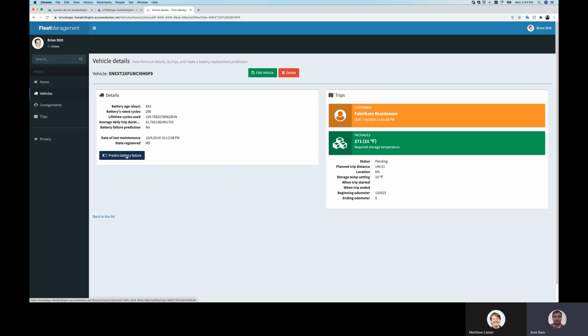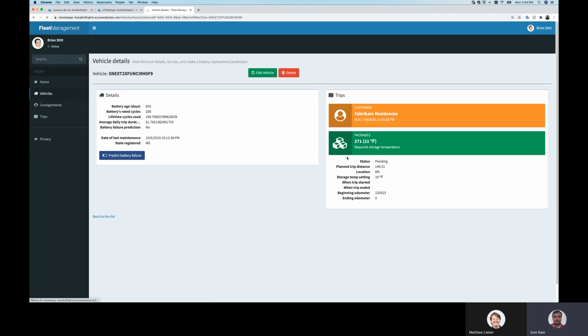You can also see things such as predict battery failure, wherein I can perform a real-time prediction of whether my battery would fail. And we also have a consolidated view of our trips on the right-hand side, wherein this particular trip is currently in pending status, what temperature needs to be maintained, when the trip is created and when the trip ends, and who is the customer for that trip and whatnot.